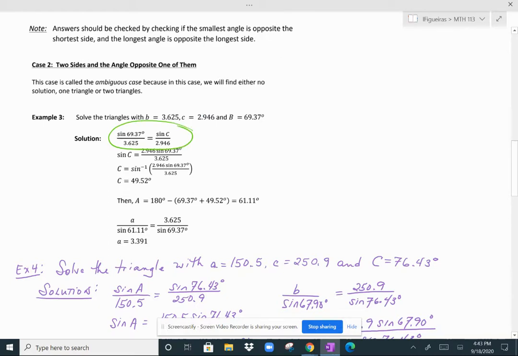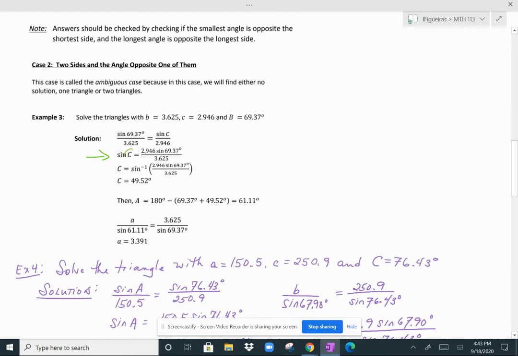So in order to solve for angle C, I first have to isolate sine of C. So multiply both sides by 2.946. So you get sine of C is equal to 2.946 times the sine of 69.37 divided by 3.625.